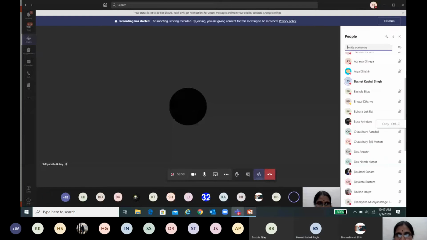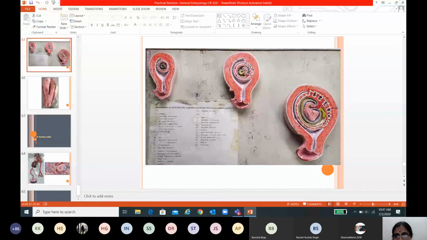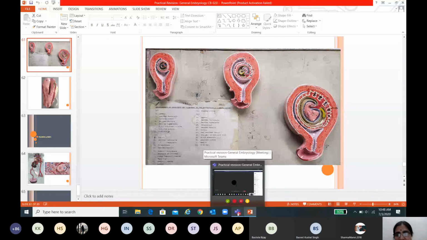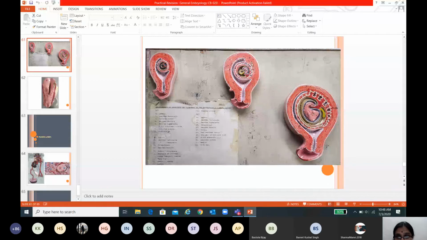He said chorionic frondosum, he is right. What is the fate of chorionic frondosum? Fetal part of placenta, dear. Then this is which part? Number 13.